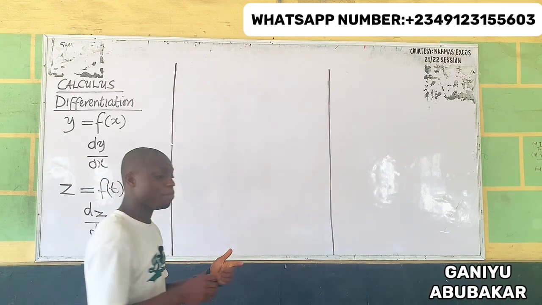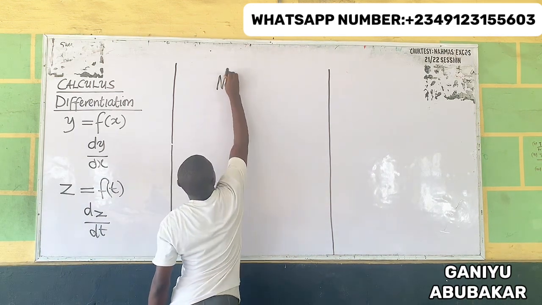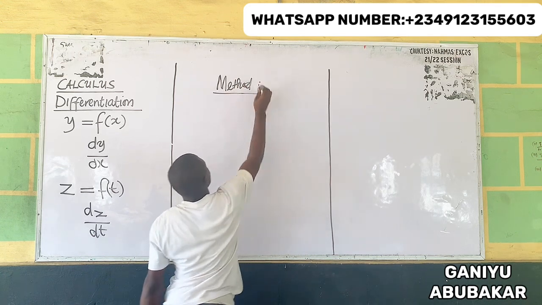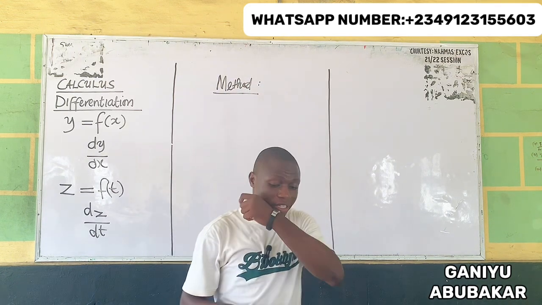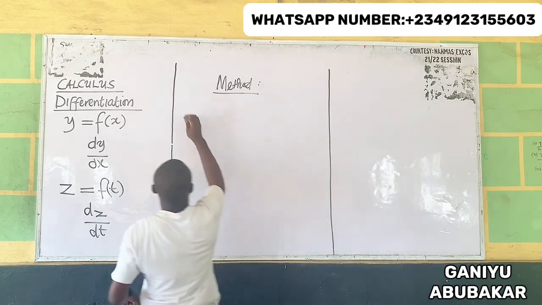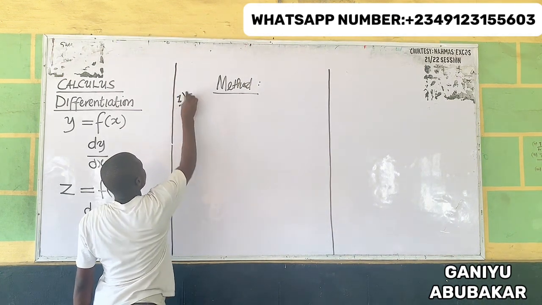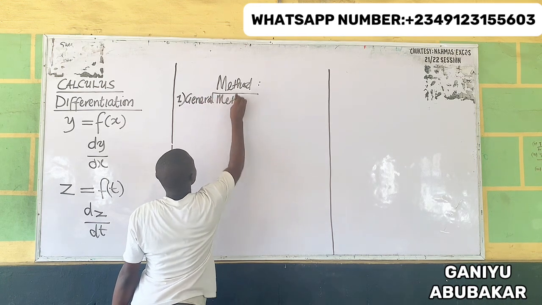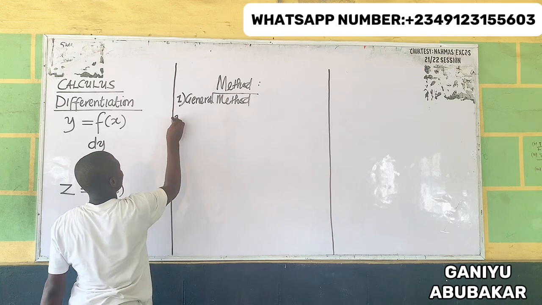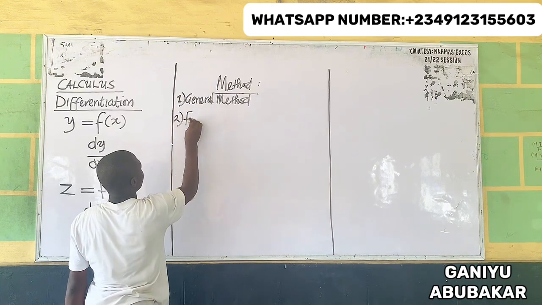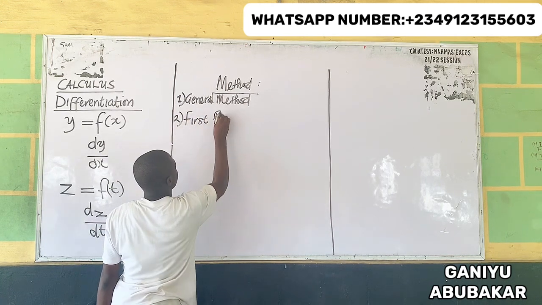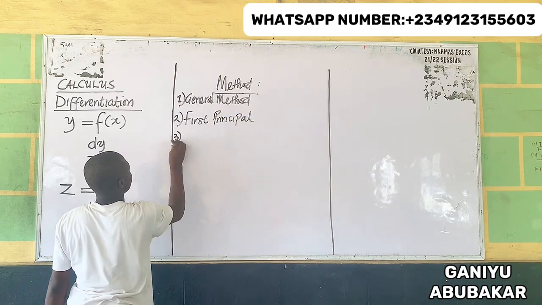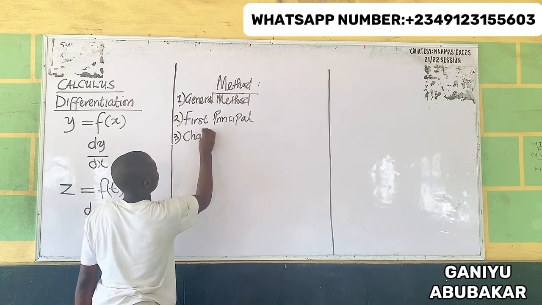At this point, let's look at the methods involved in differentiation. Number one, general method. Number two, the first principle. Number three, the chain rule.